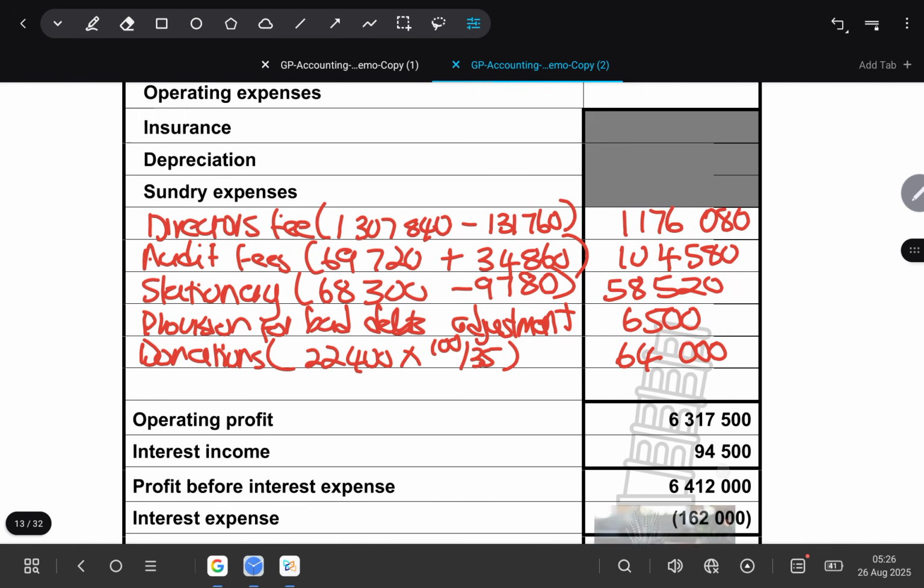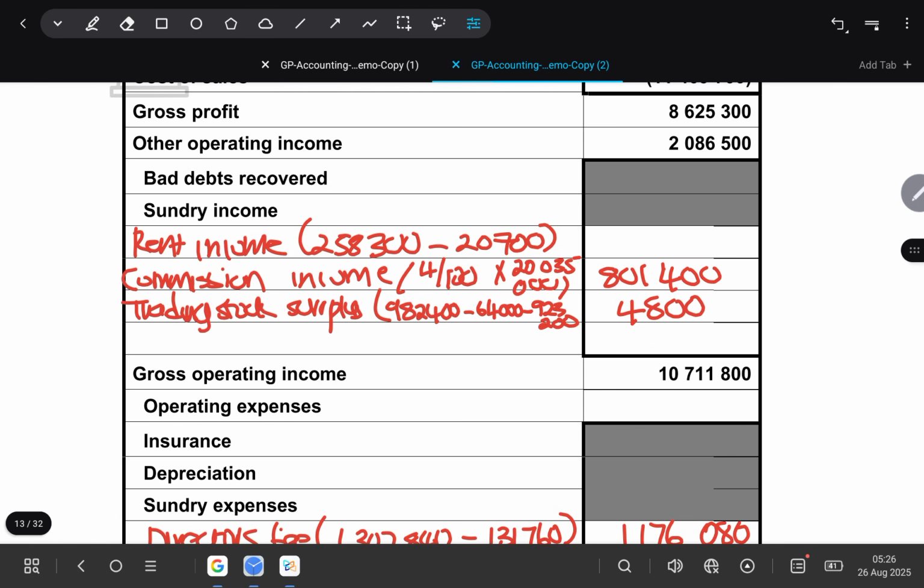Now if you look at this, the income statement, we just need to get our rent. So our rent 258,300, then we minus 20,700. It gives us 237,600.